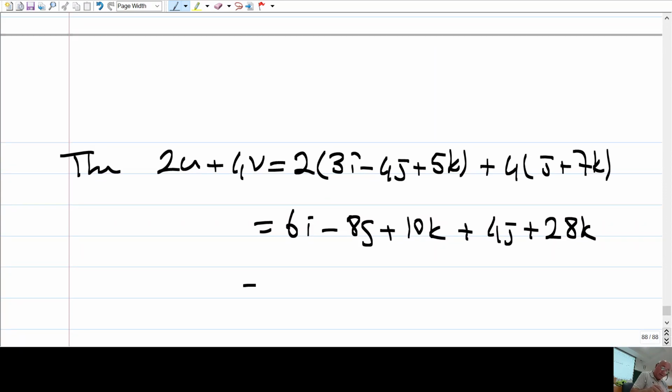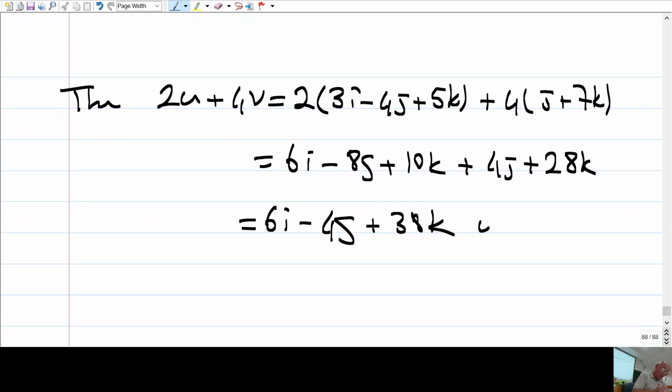And then you just add similar terms. There's only 6i here, and then minus 8j and 4j here, so minus 4j, and then 10k plus 28k, so 38k. Or I can of course write it like this: (6, minus 4, 38).